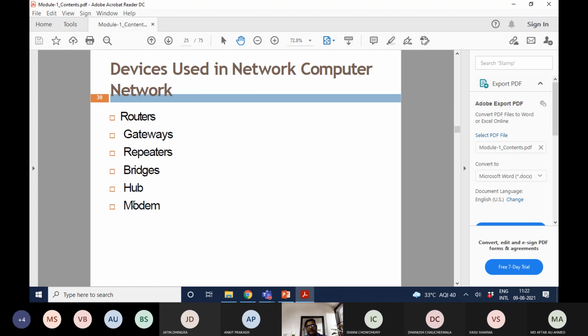Whenever you are feeling tired, the signal also feels tired. It cannot go beyond that distance. At that time, we have to regain the original signal. So that is the job of the repeater.